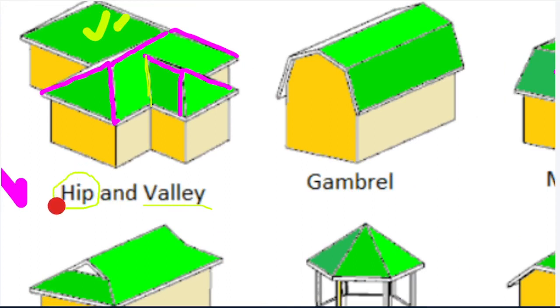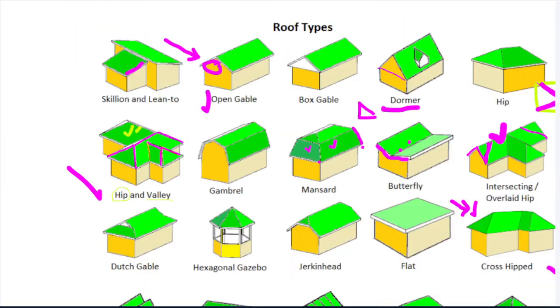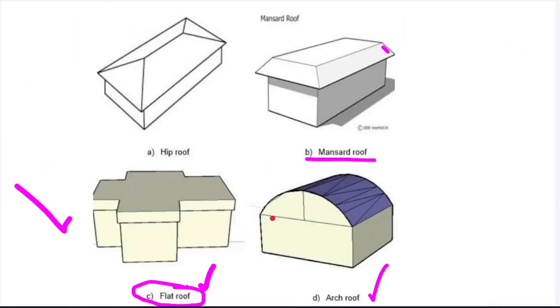So where is the hip? This. Yes, all of you students can draw. And where is the valley? Yes, perfect. Hip and valley are those keywords and terminologies that you need to know.